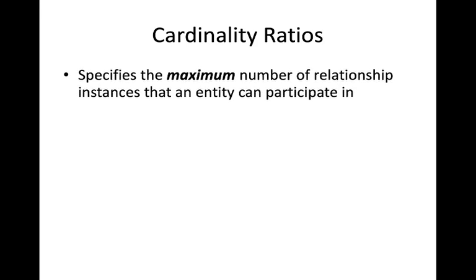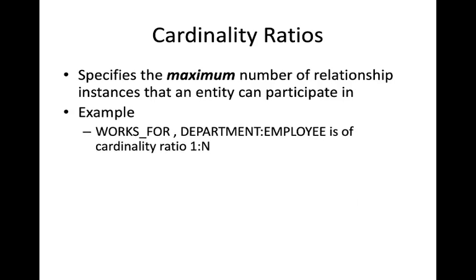So what is cardinality ratio for a binary relationship? Cardinality ratio specifies the maximum number of relationship instances that an entity can participate in. For example, the works for relationship, which we have already seen, is between department and employee. The cardinality ratio is 1 is to n.